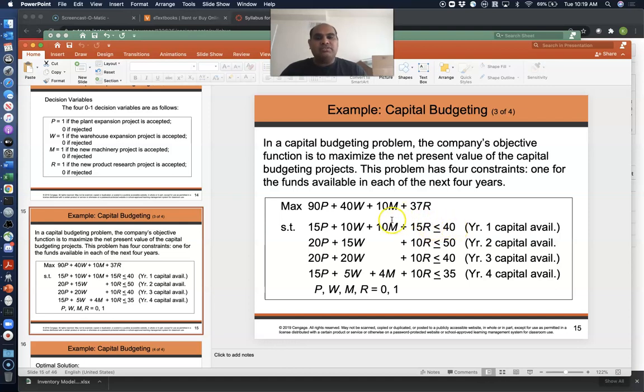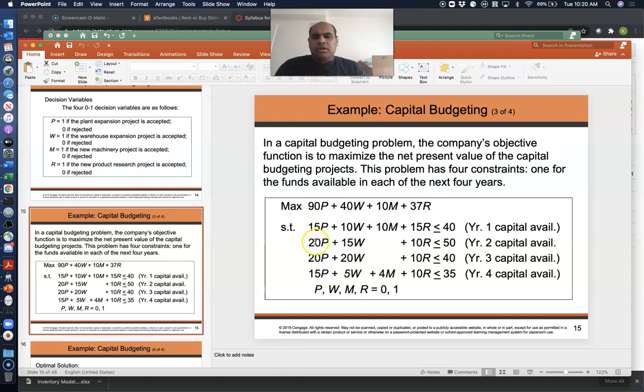Remember, you will only spend this money if these variables are ones. If the variables are zeros, you will not spend any money. And we are making the decision right at the beginning, so P, W, M, and R, whether you're picking them or not, you're deciding right now, and the repercussions will happen over the next 4 years.